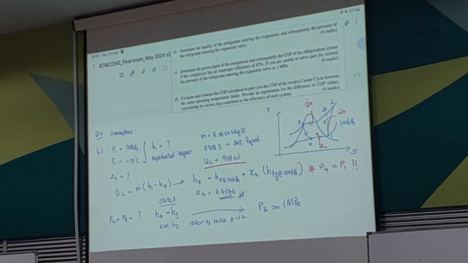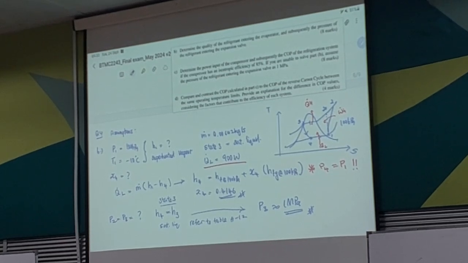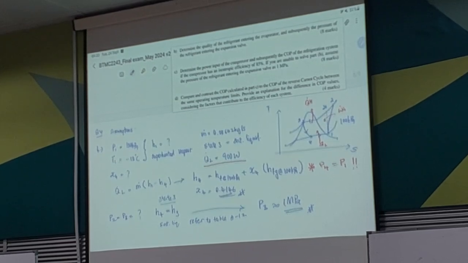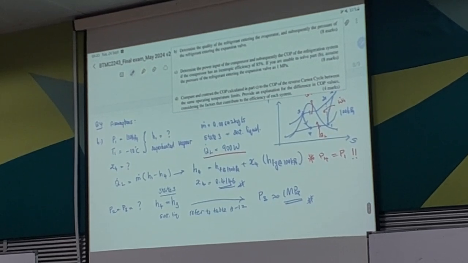So you can just assume that it is approximately 1 megapascal. So now you have your high pressure, right? The upper pressure. So we can move on to C.